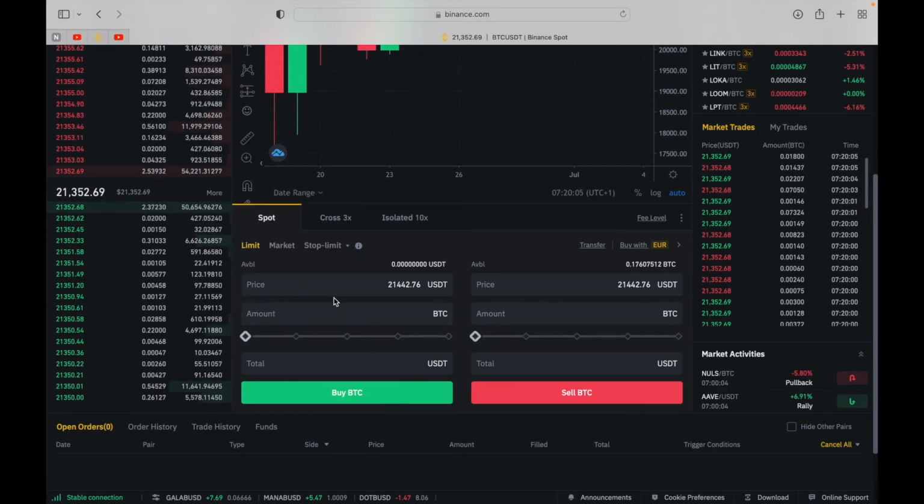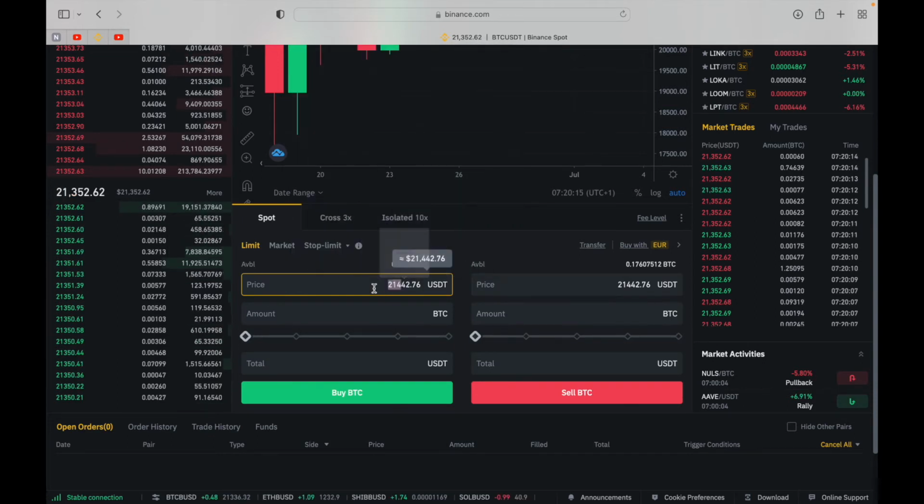If I decide no, I don't want to buy Bitcoin at this price, because Bitcoin can actually go lower than 21,000, I will decide, okay, let me put a price limit.